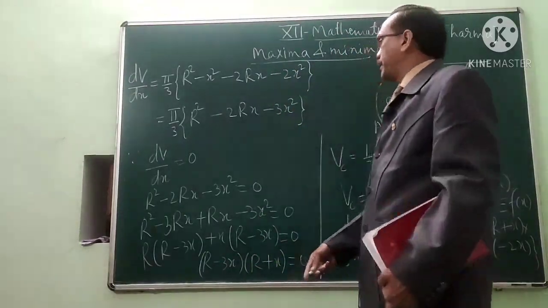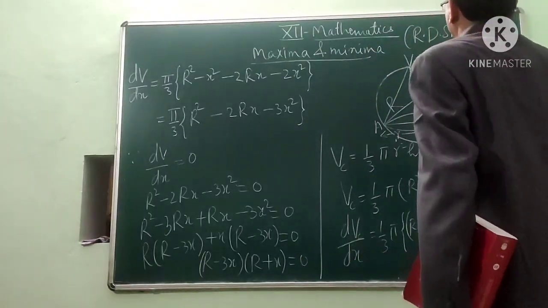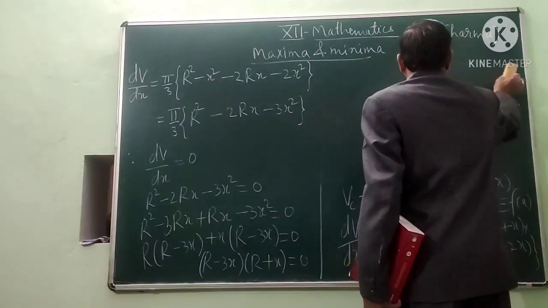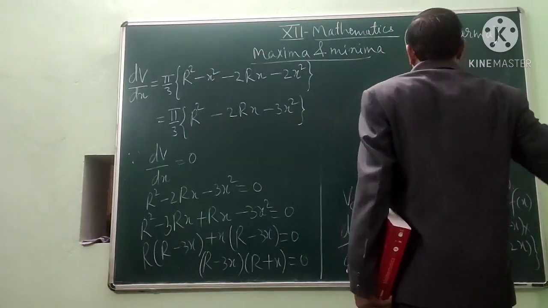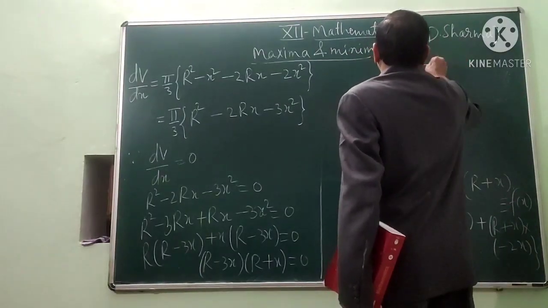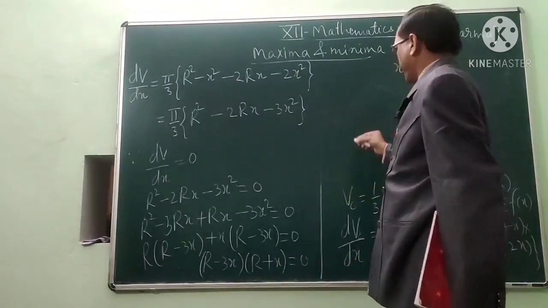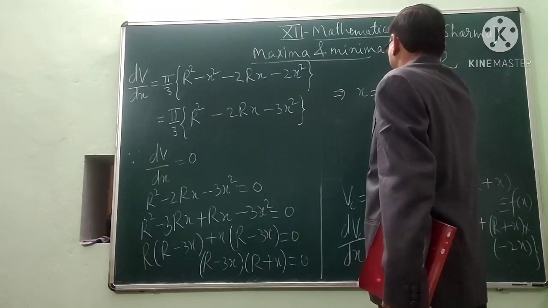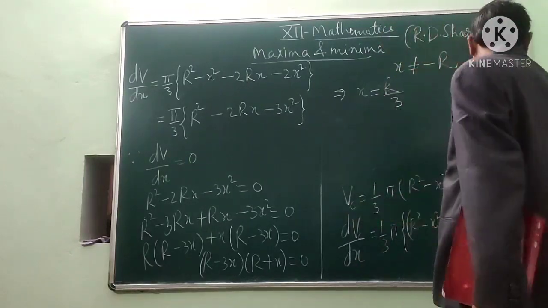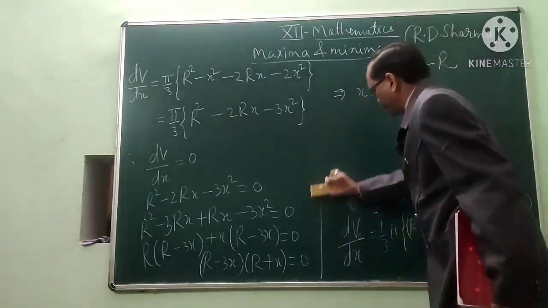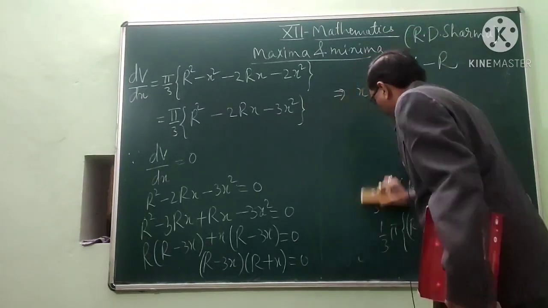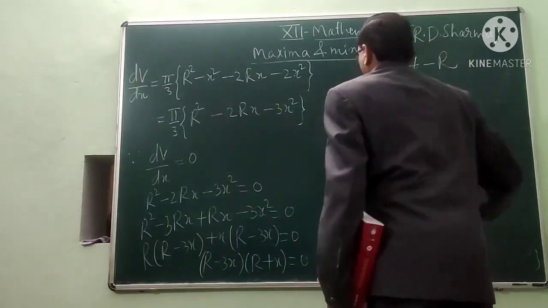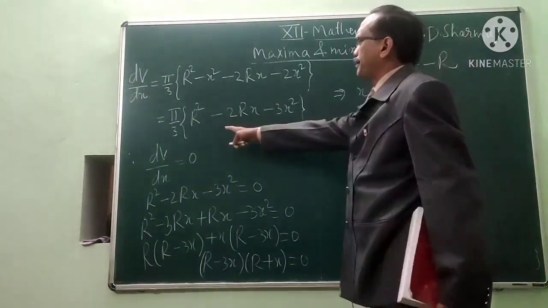R plus x cannot be 0 because the radius will not be negative, so x is not equal to minus R. From this we get x equal to R upon 3. Now we will find the second order derivative.